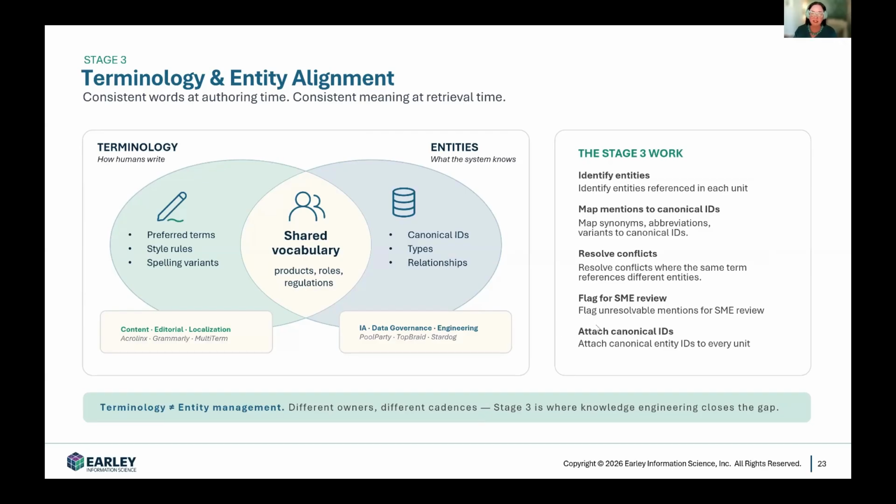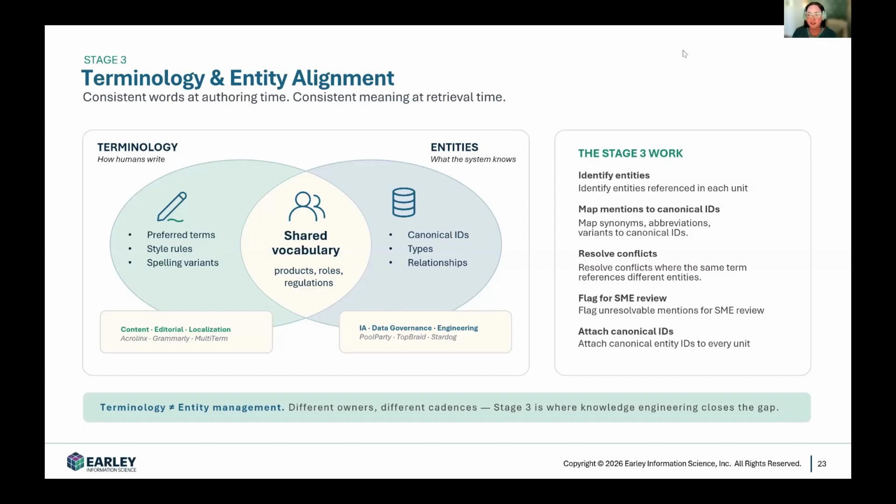Okay, so I want to talk about two different disciplines coming together here, which is terminology management and entity alignment. If you're in the tech comm field or writing or translation, localization, you're very familiar with terminology management. And that is not the same as entity management, although I hope you would be very good partners if you could find each other and work together to manage them together.